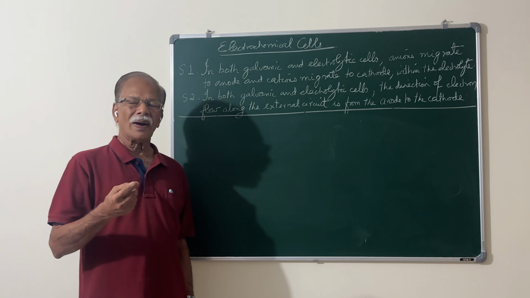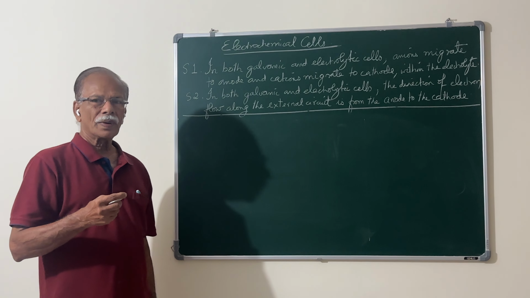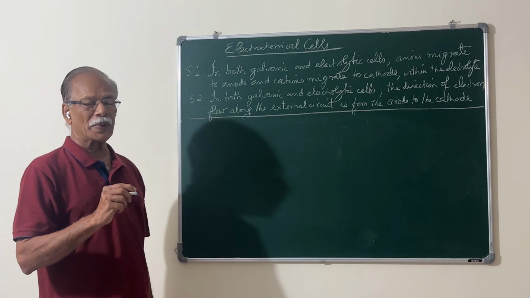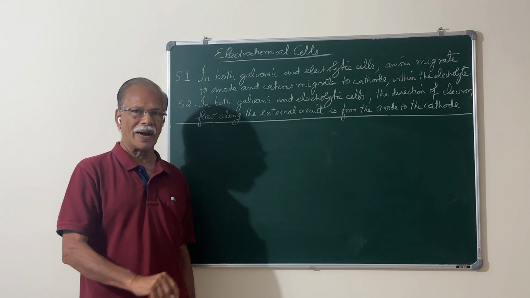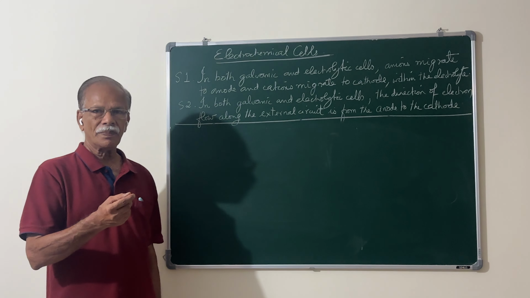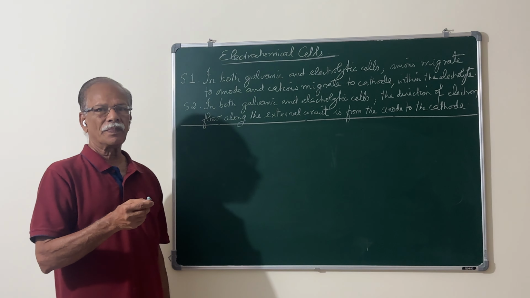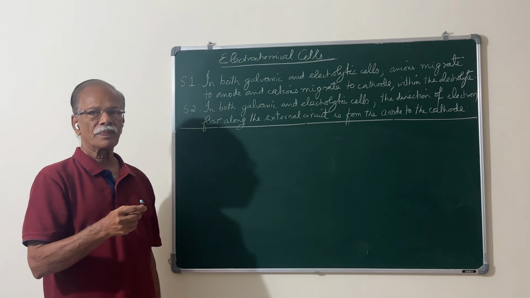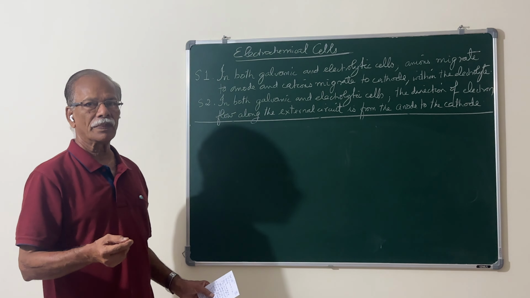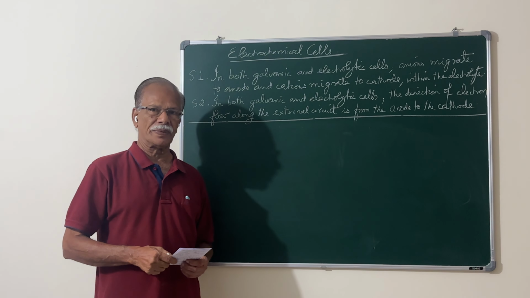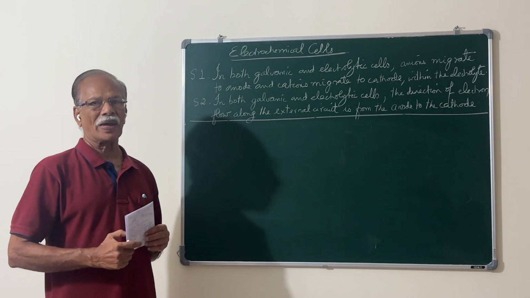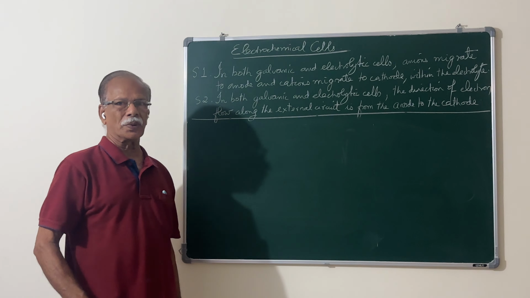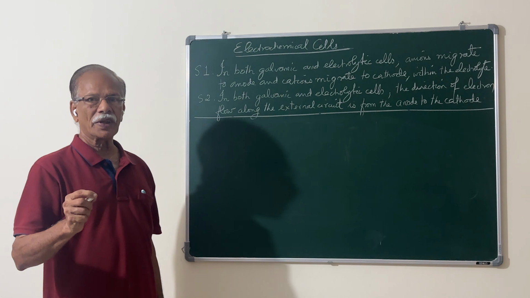In the galvanic cell, electricity is produced out of the free energy change accompanying a spontaneous chemical reaction. Whereas in electrolytic cell, electricity from an external source causes chemical reactions to occur around the electrodes. In both these cells, anode is defined as the oxidation electrode and cathode the reduction electrode.